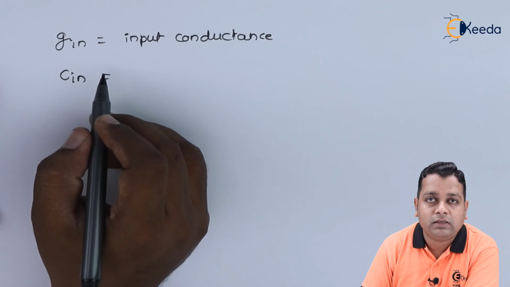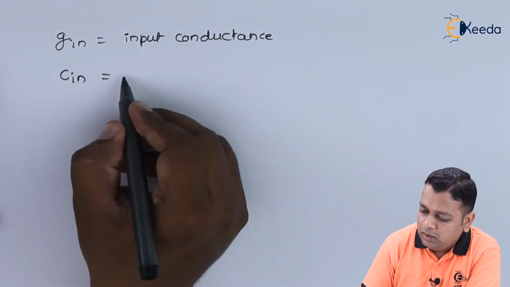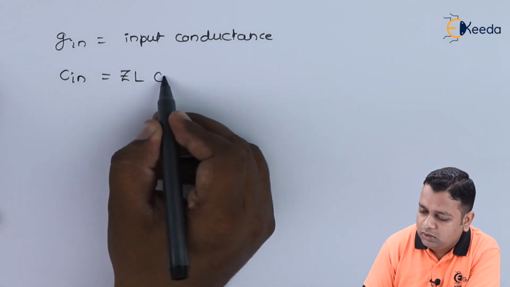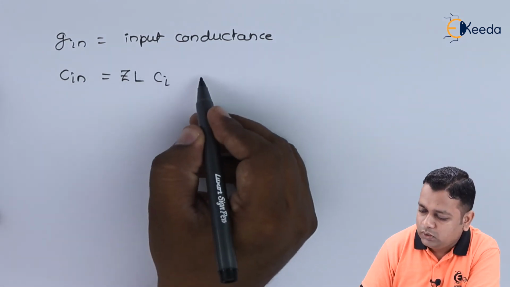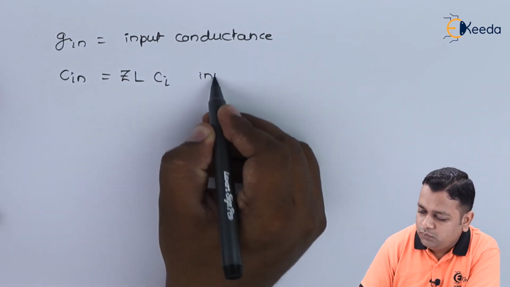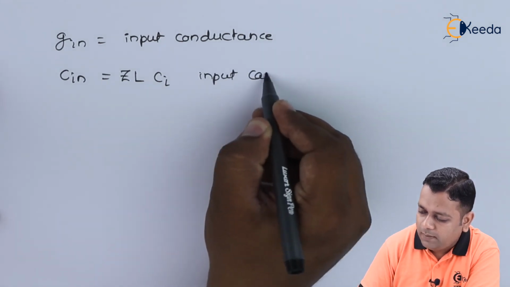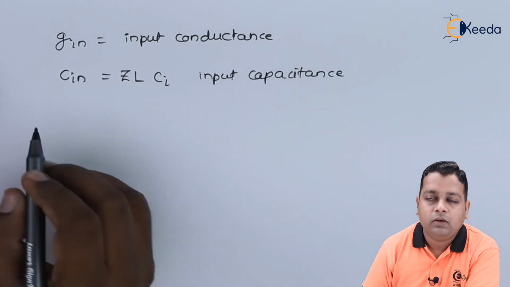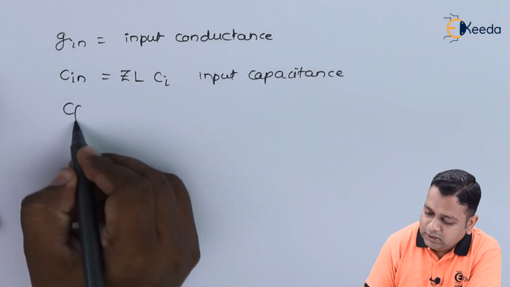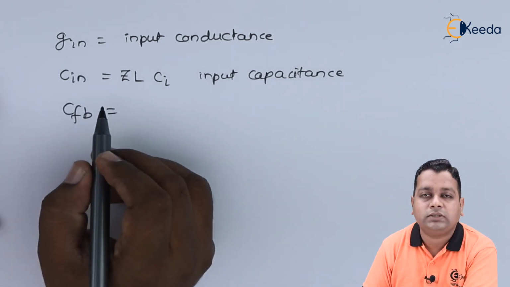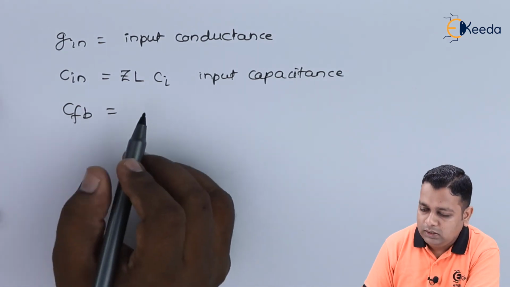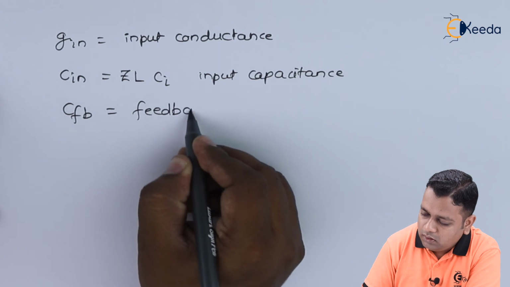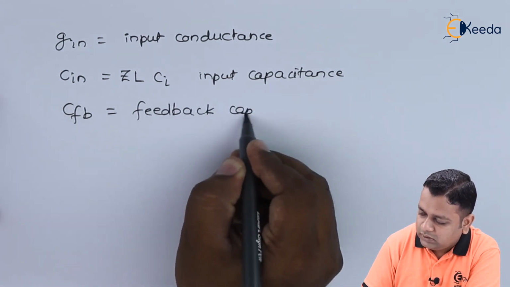C suffix IN is a computation made from the multiplication of Z into L into C suffix I. So I just mentioned input capacitance. Whereas capital C suffix FB, that lastly we have represented in the equivalent circuitry, is called as feedback capacitance.